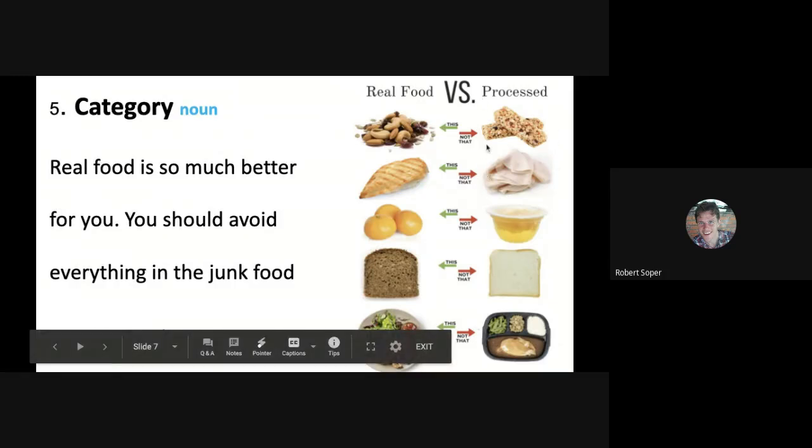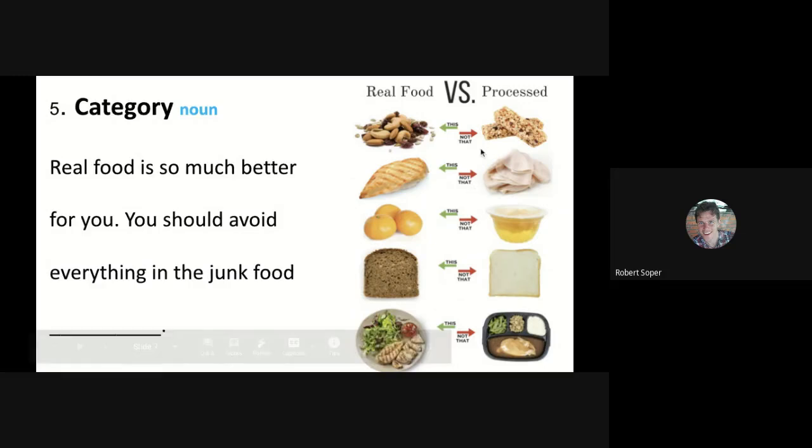It's processed, so it doesn't really come from the same natural environment as this food over here. In fact, some of this white bread has a lot of factory-made products in it. Not very good.